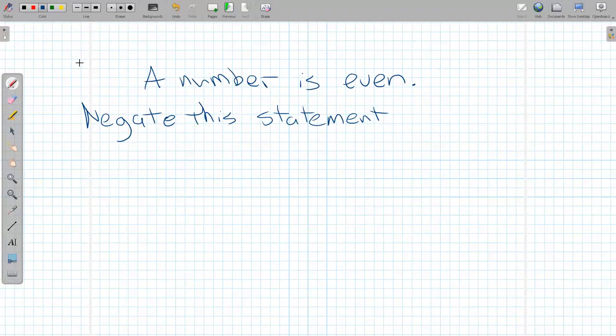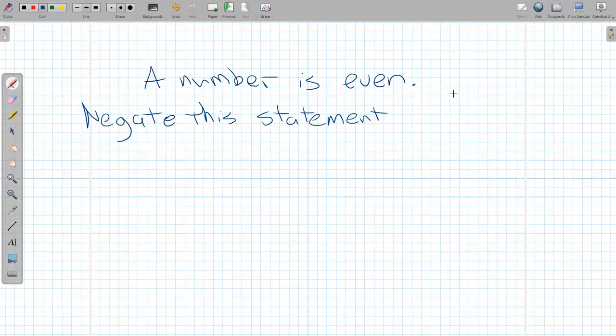All right, and it's a very short sentence. I'm hoping people had enough time to write something down. If somebody would like to either speak or write in the chat what they think the negation of "a number is even" is. And I think there's at least two correct answers here. "Some numbers may not be even."